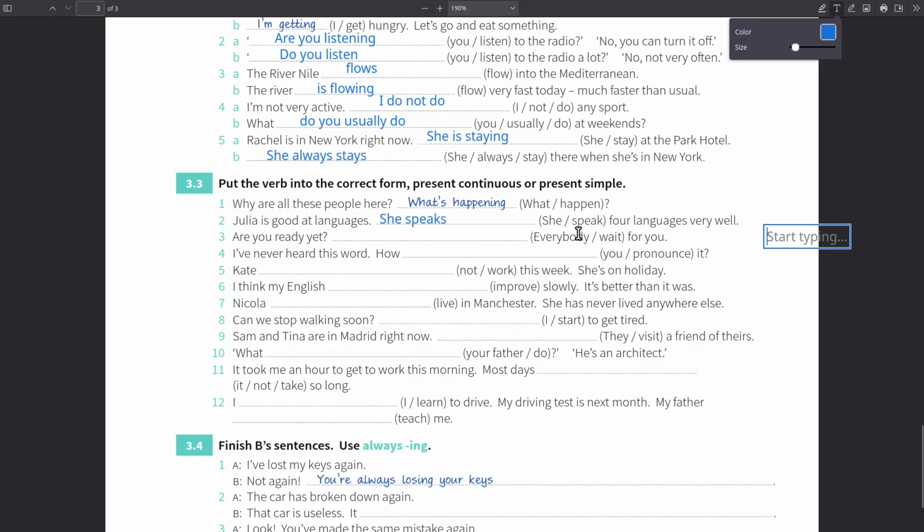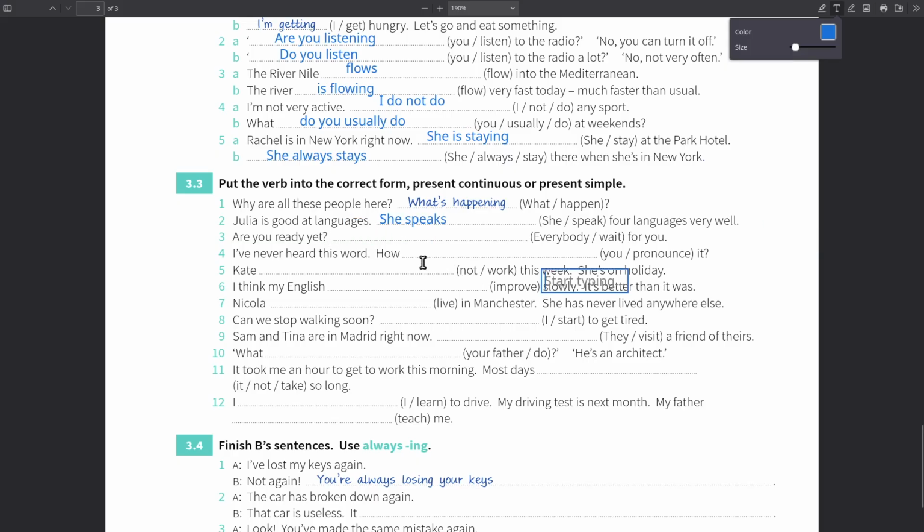In case our verb could be learn, we can say she's learning, right? But no, it's a fact. It's something that is true, okay? Because it says Julia is good at languages, so I assume that she speaks four languages very well because she's good at languages, right?